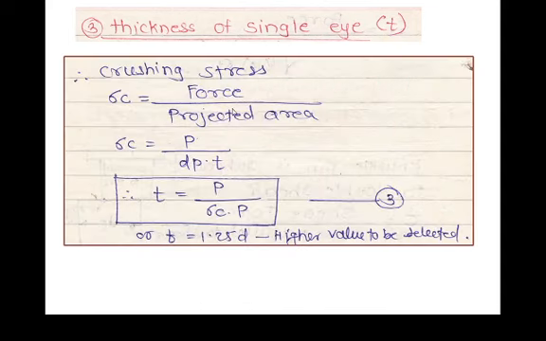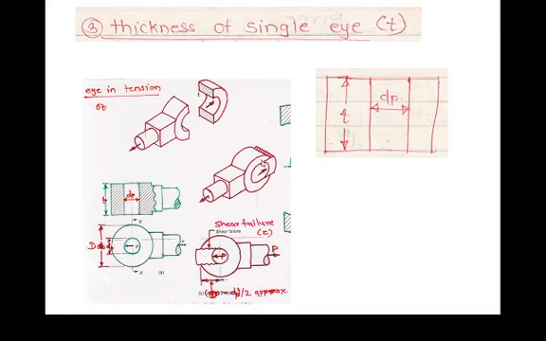Now let us see the crushing stress which is available at this location. This area is subject to the crushing stress. Inside portion is subject to the crushing stress. Now how to calculate the crushing stress? Force divided by projected area.